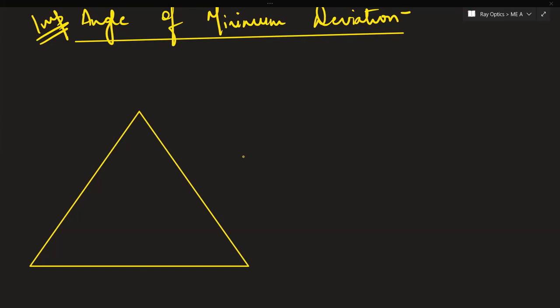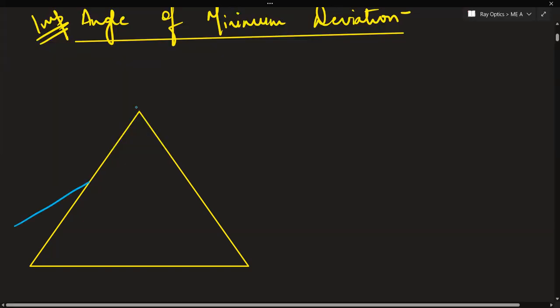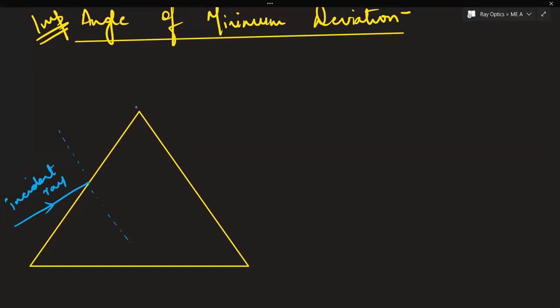So this is a prism. Now, a ray of light will be incident. This is the incident ray. At this surface, a normal will be dropped and then refraction occurs. And then again, refraction will occur at the second surface also.